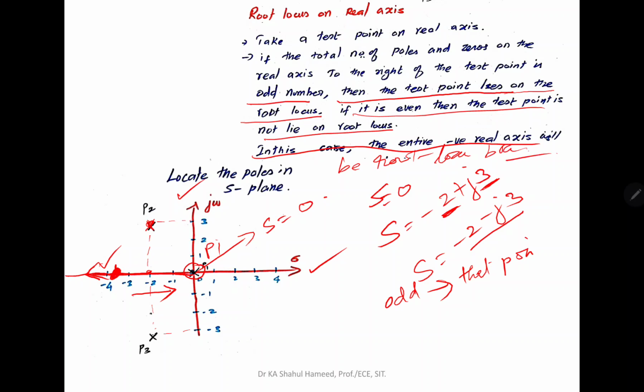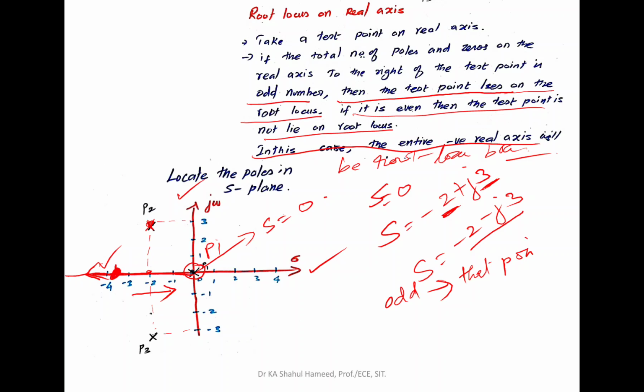Also I want to tell you one thing, that here we have three poles, so we have three branches. We have identified one branch, starting at the origin and ending at infinity. Root locus branches start at poles and end at zeros.